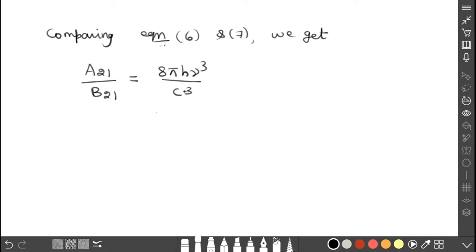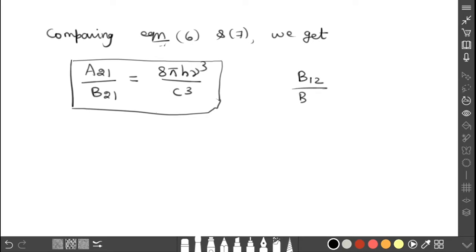This is one result. And the next one is B12 divided by B21 is equal to 1, so I can say B12 is equal to B21. These two results we observed.